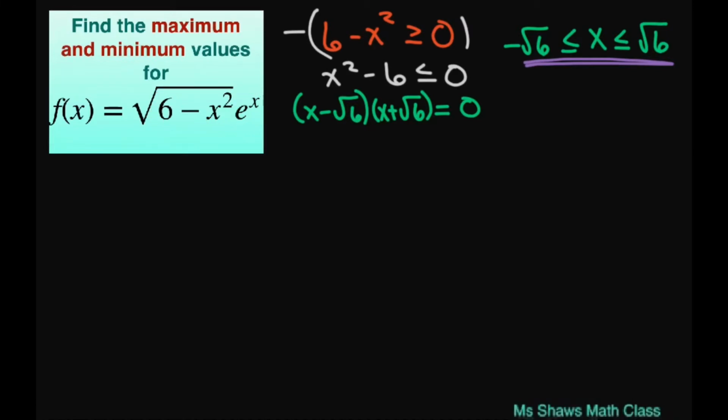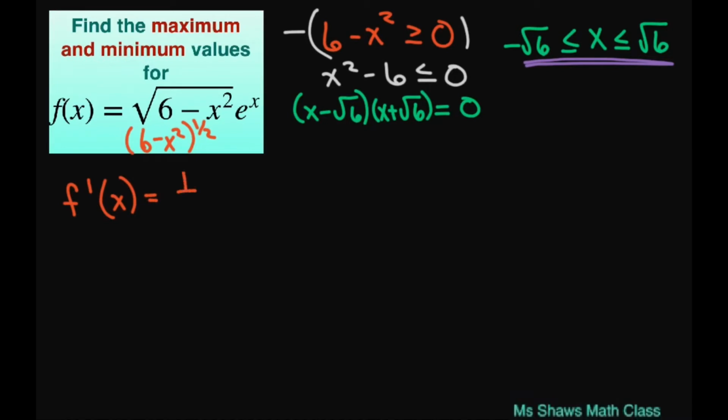Again, you can write this as 6 minus x squared to the power of 1/2. So using our product rule, we're going to get f prime of x equals, and we're going to differentiate our first term.